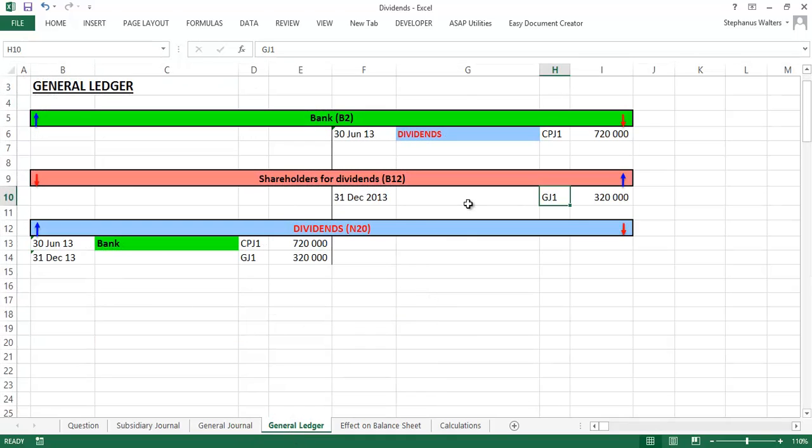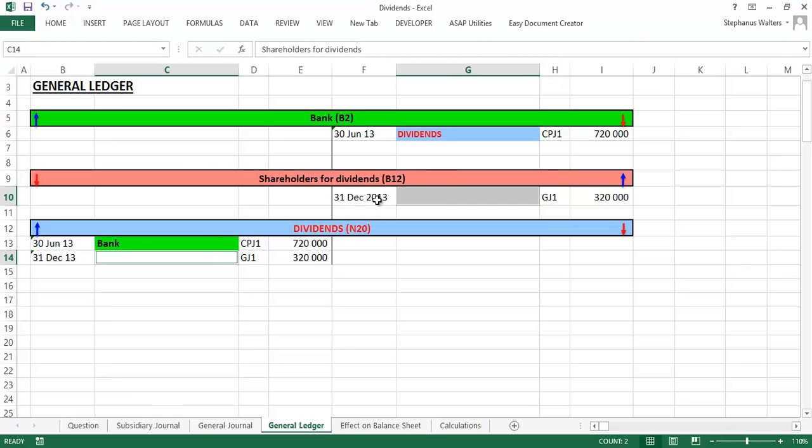Now all that's left here is to fill in the description on these two general ledger accounts, and hopefully by now you have seen that it always refers to the other account. So in the dividends account, I cannot write dividends. I need to refer to the other leg. The husband needs to refer to his wife, and the wife needs to refer to her husband. That's in the general ledger.